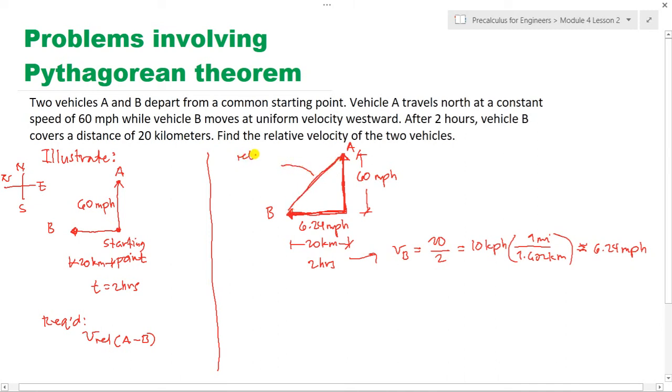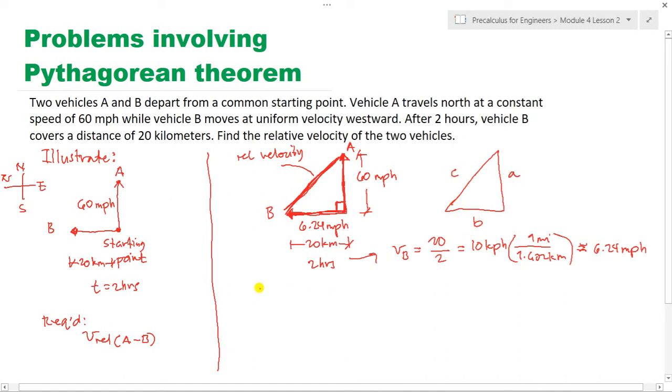So, that is the relative velocity. So, yan yung hinahanap natin. So, ano yung measurement natin dito? Of course, we know that this is a right triangle, class. Kasi pa north si A, pa westward si B. Therefore, this is a right triangle and we can let the relative velocity as our C. So, this is our C, this is our A, and this is our B.